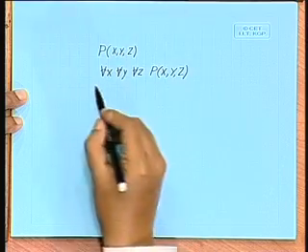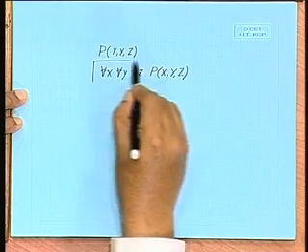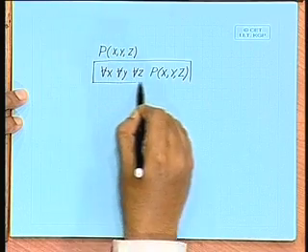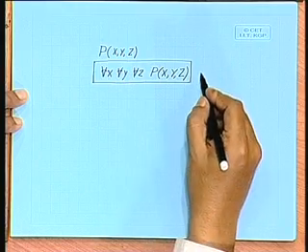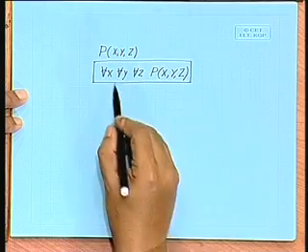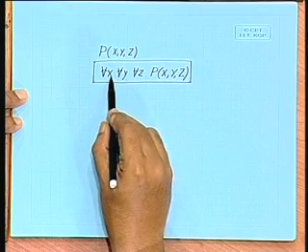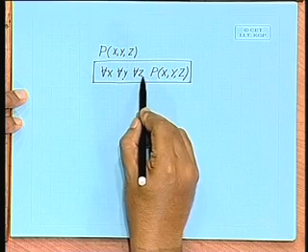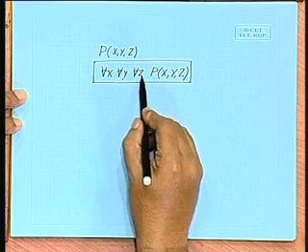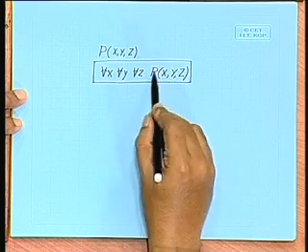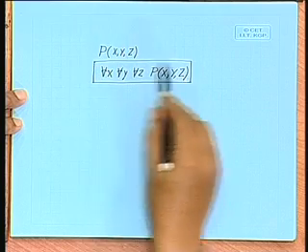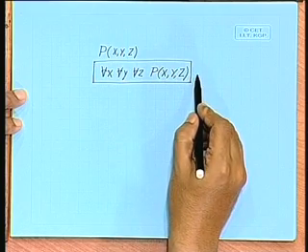So, then this whole thing has a truth value. This whole thing can be true or false. So, if it is the case that for all values that x can take, for all values y can take, for all values z can take, this is true, then this whole thing is true.